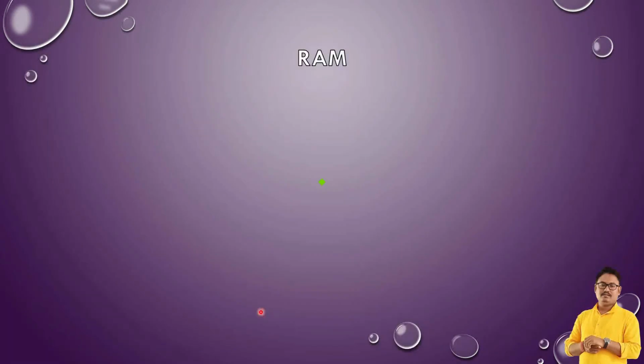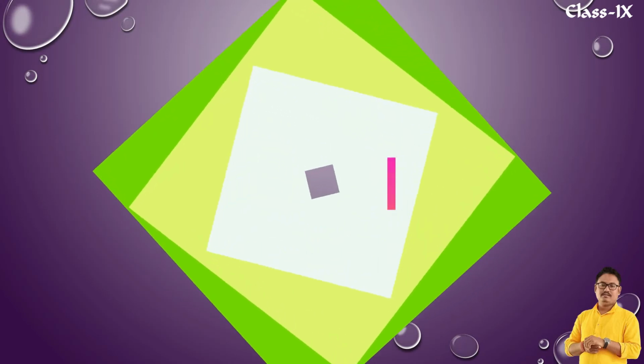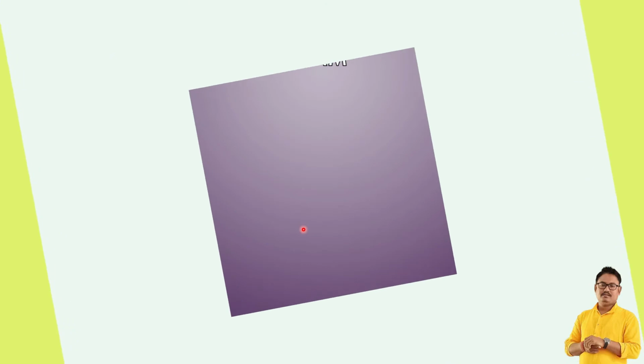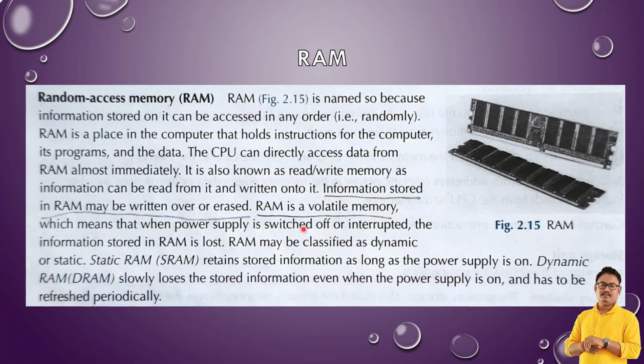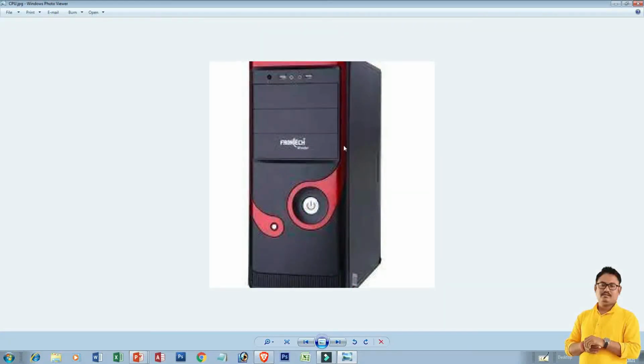Next is RAM, random access memory, under the primary storage. So random access memory is called RAM in short. In figure 2.10 you see the RAM picture. This is the RAM, which is fitted inside the CPU, here it is fitted inside this.